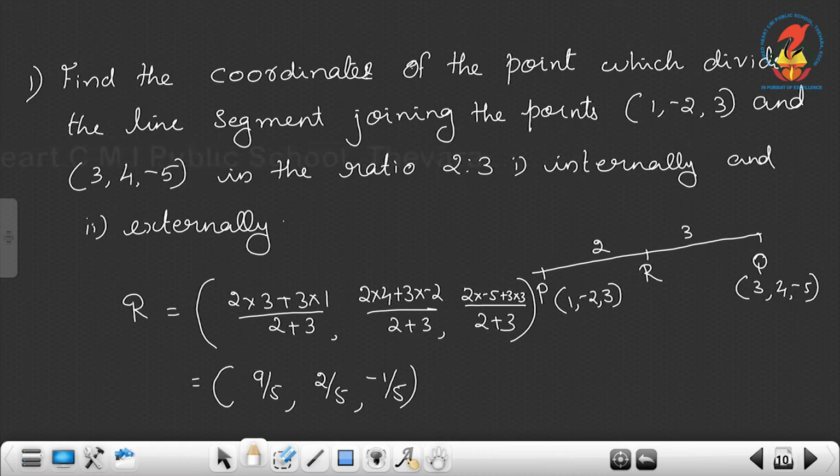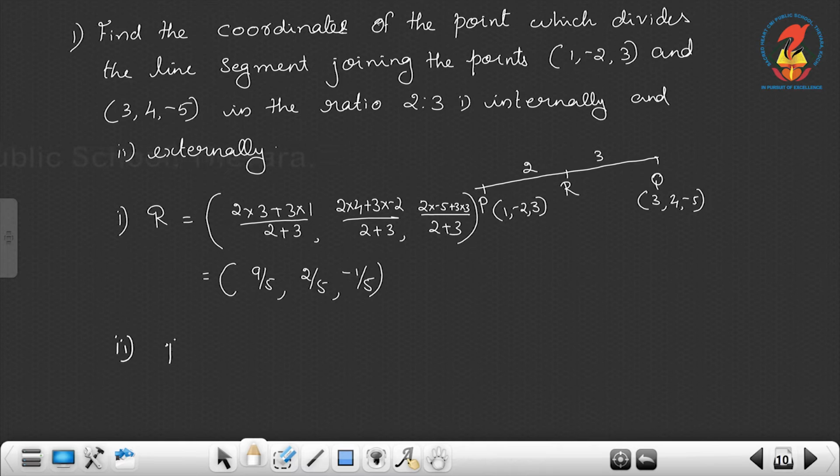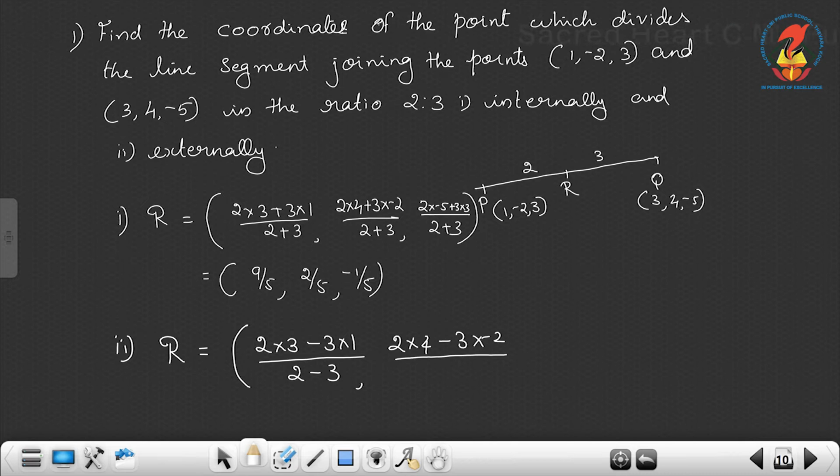Now the second case is externally. If R divides PQ in the ratio 2 is to 3 externally, then the formula is 2 into 3, then put minus sign, 3 into 1 by 2 minus 3. Then 2 into 4 minus 3 into minus 2 by 2 minus 3.